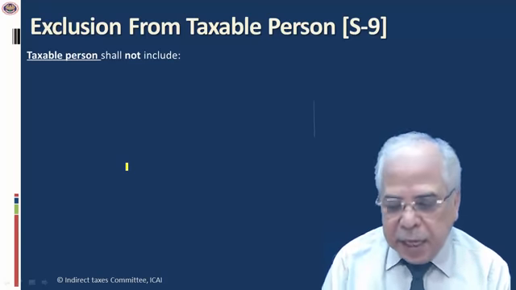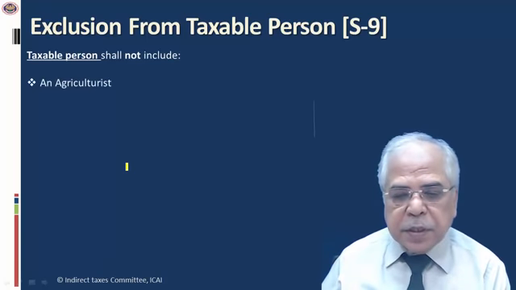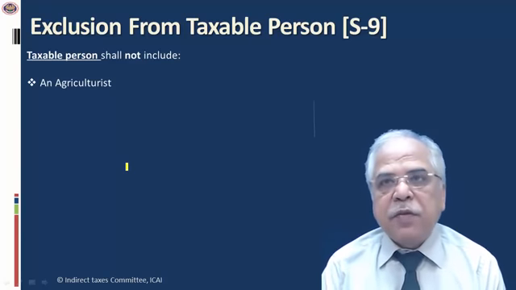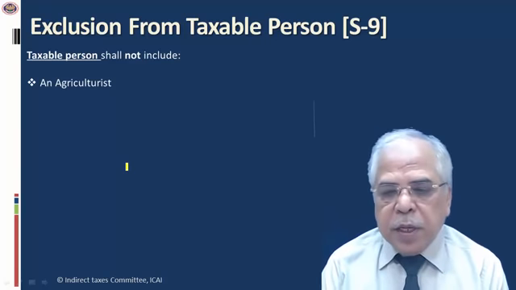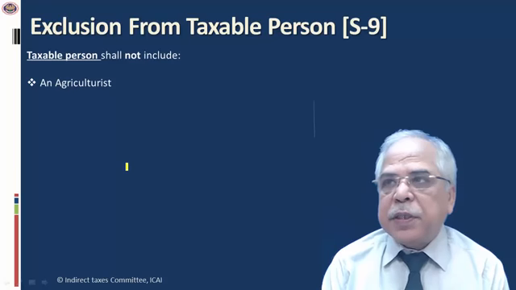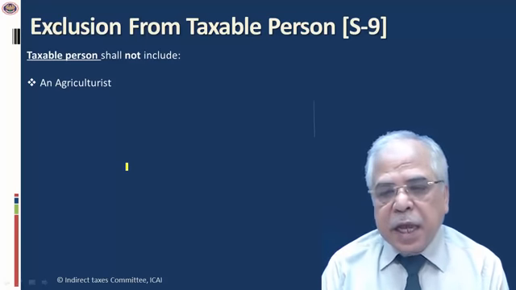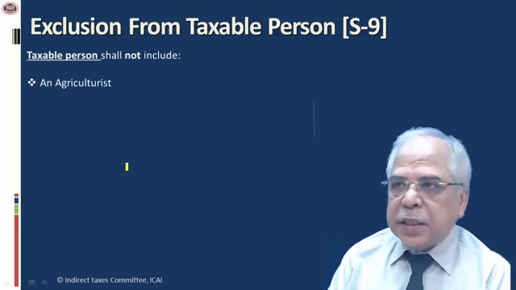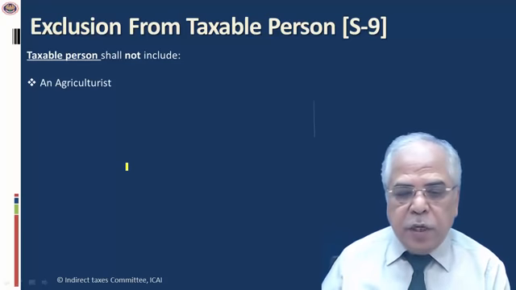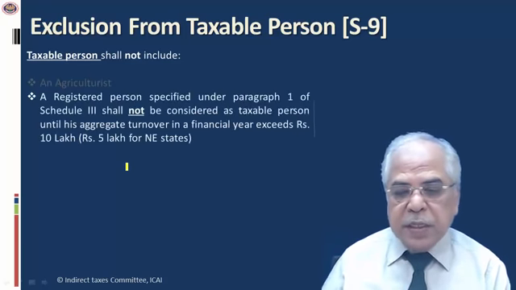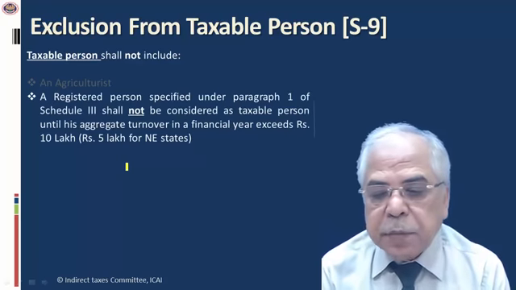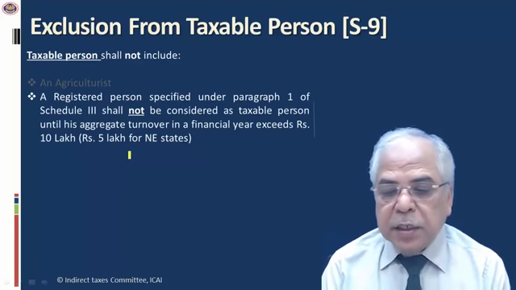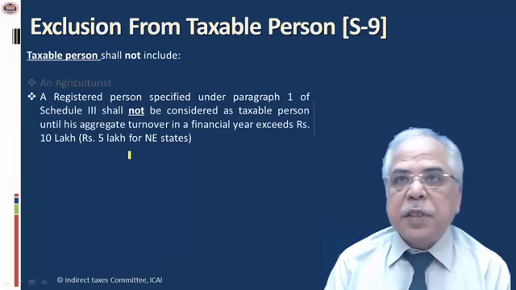For example, Section 9, which deals with the taxable person, provides that an agriculturist, the definition of which has been given in Section 2, will not be treated as a taxable person, and my charging section says every taxable person shall be liable to pay the tax. So an agriculturist will be excluded from the scope of GST. Similarly, a registered person specified under paragraph 1 of Schedule 3 shall not be considered a taxable person.